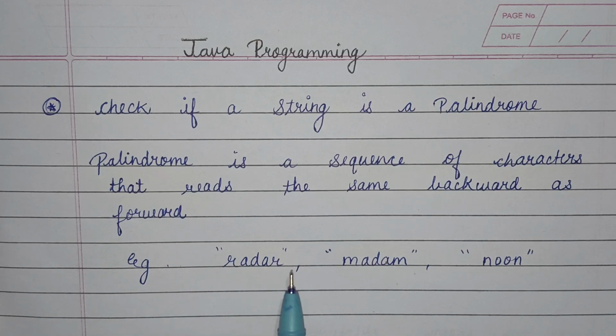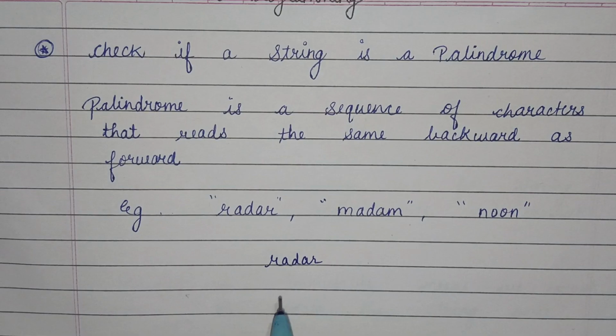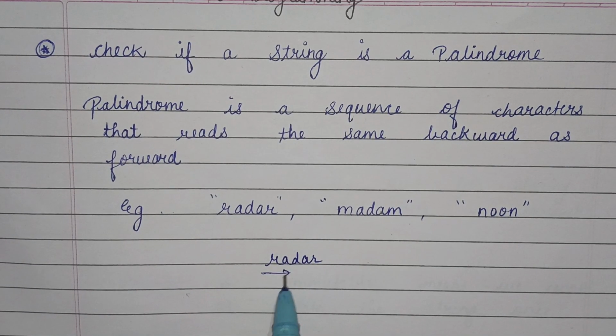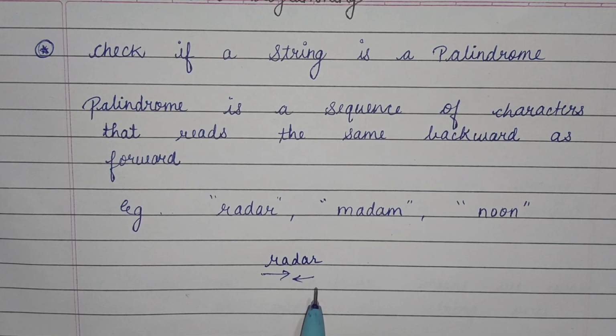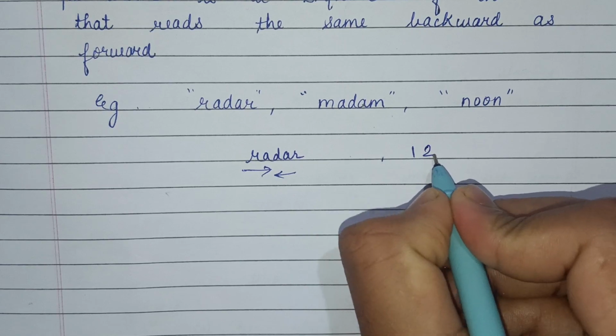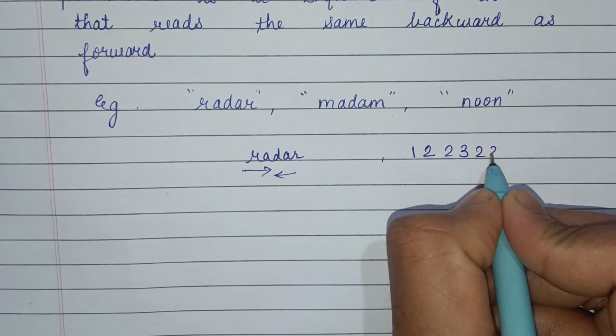I've written some examples of palindrome here: radar, madam, noon. So let's take an example. If we read radar from the front side, or we start reading the letters of radar from the back side, the meaning of the string will remain the same. A palindrome can be in the form of a number as well: 1 2 2 3 2 2 1.